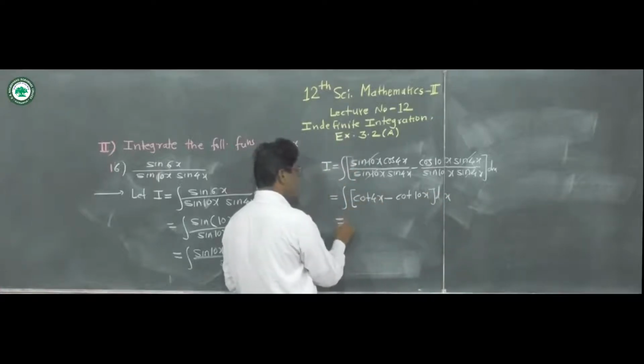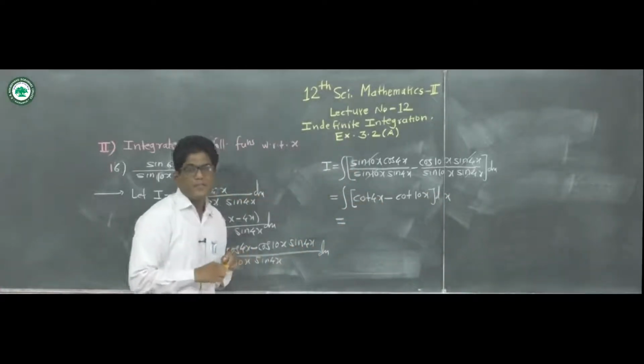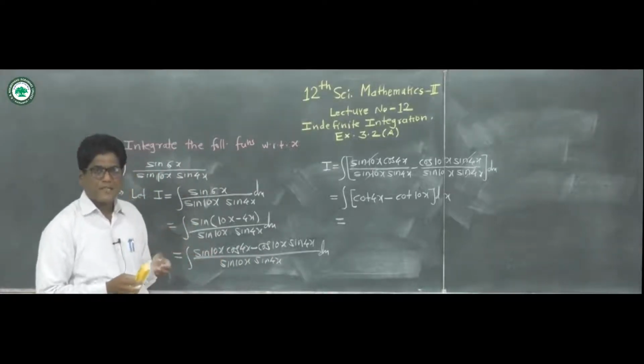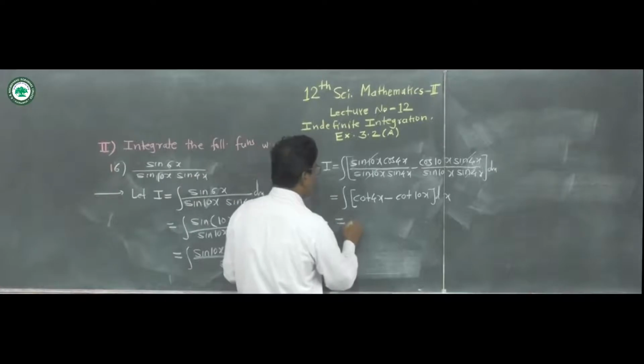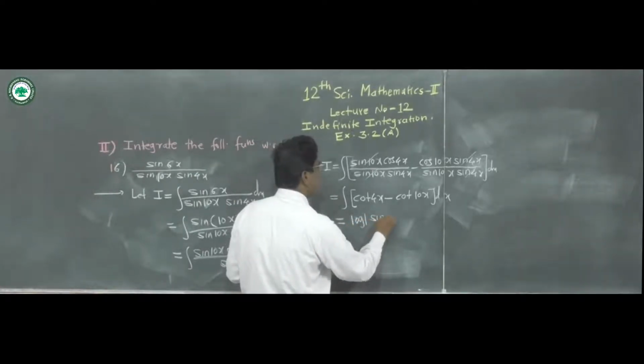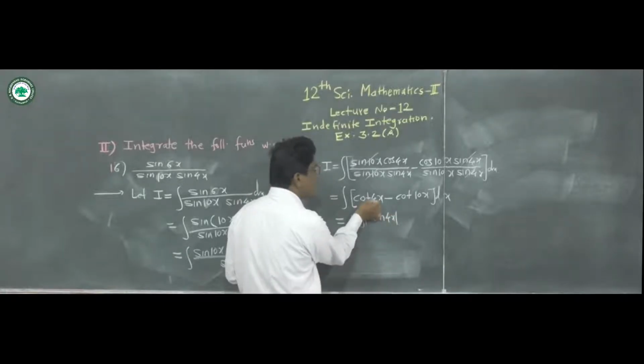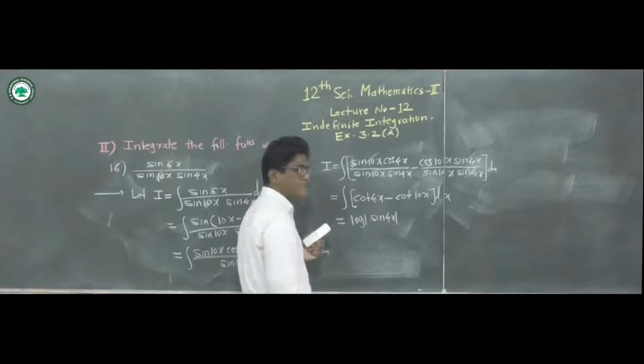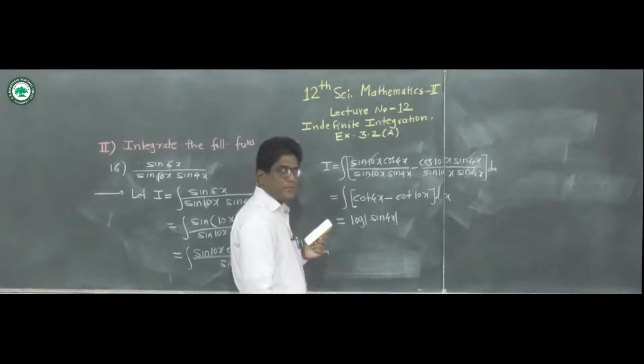And now we know that what is the integration of cot? Integration of cot x dx is log of sin x. So it is equal to log of sine of x, but in place of x there is a 4x. So we take the derivative of 4x, that is 4.